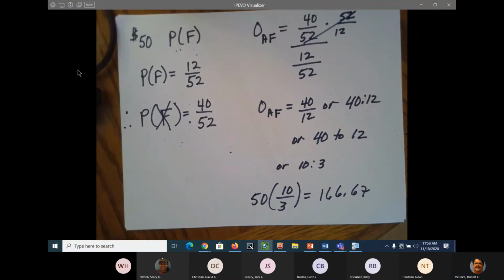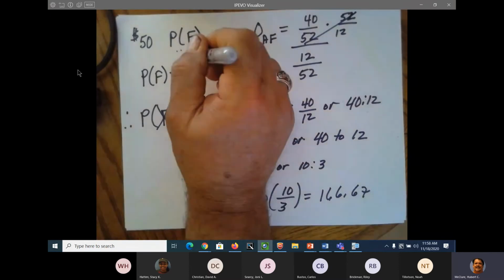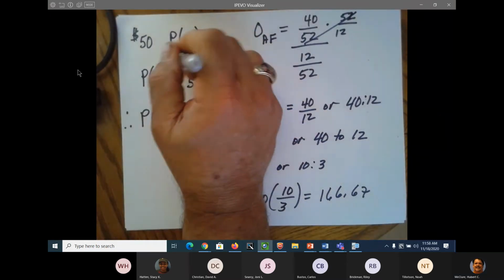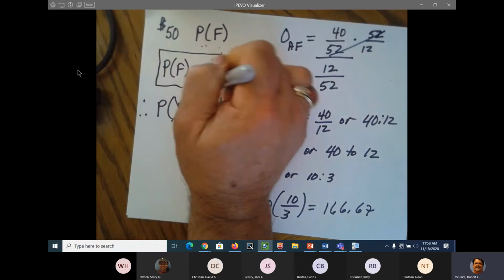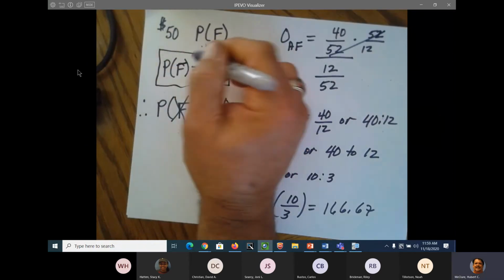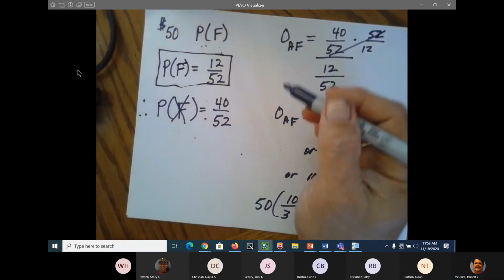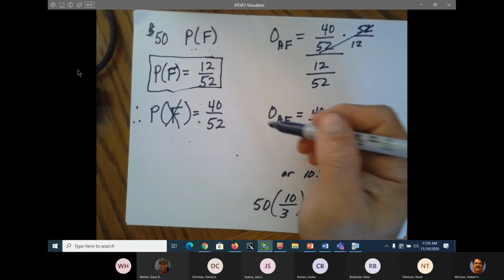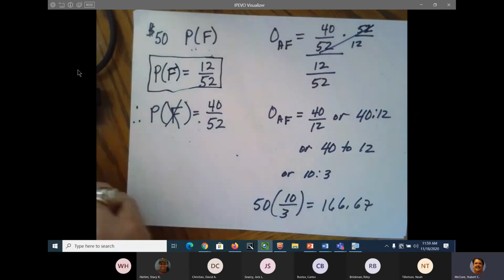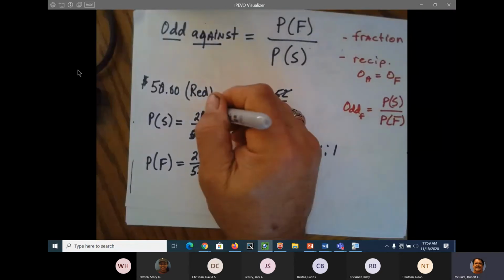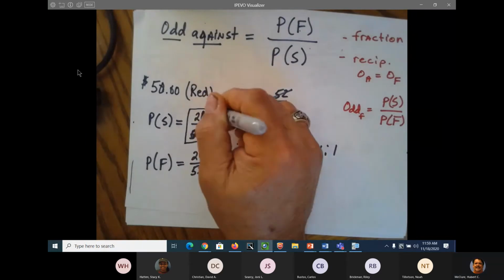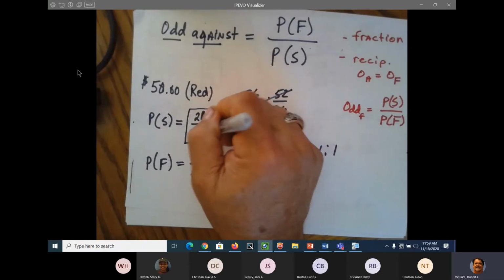Anyway, what happened? The probability of winning went up or down? Here's the probability of winning, 26 over 52, which is 0.5.